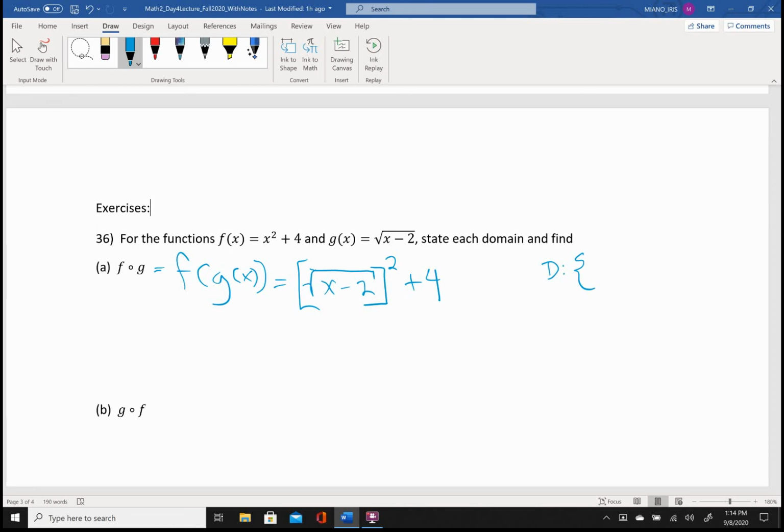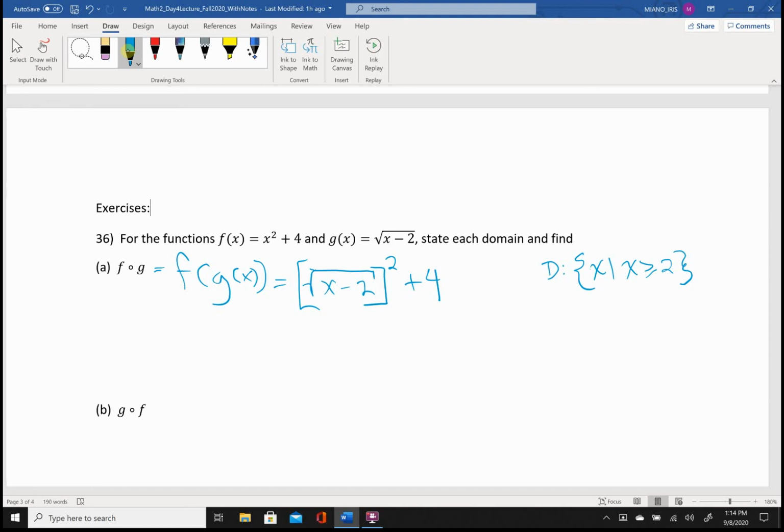Notice we have a square root, and anytime you have a square root in your function, you need to make sure that the radicand is positive or equal to 0. So x has to be greater than or equal to 2, because 2 would make it 0, and everything bigger than that would make it positive. So the domain is that x should be greater than or equal to 2, and it could otherwise be any other value.